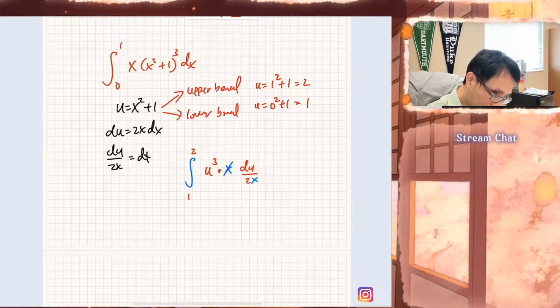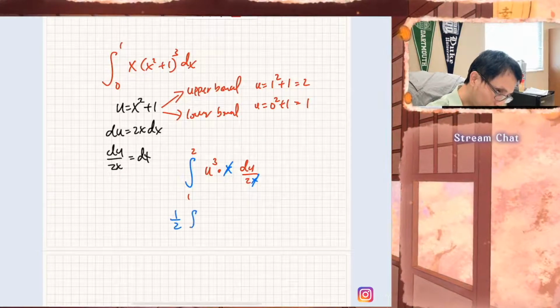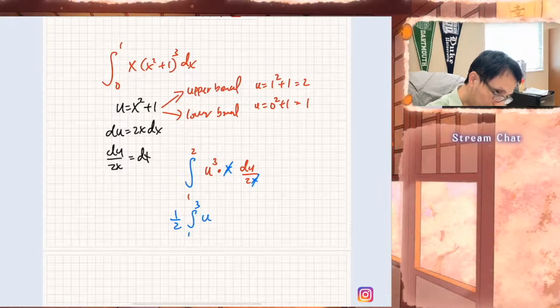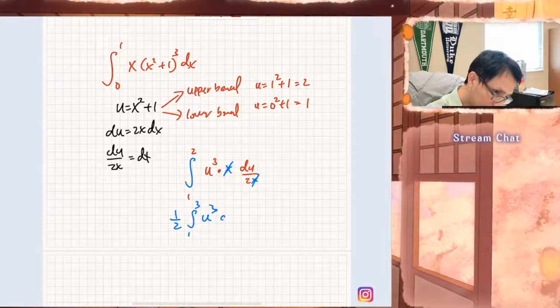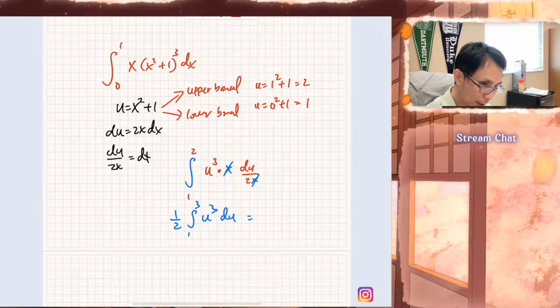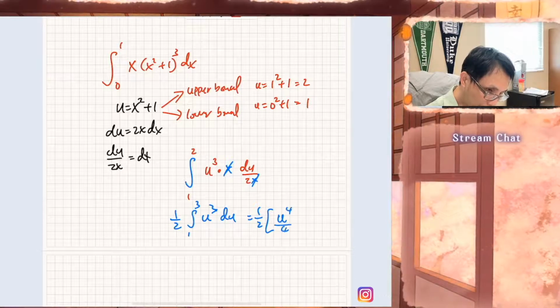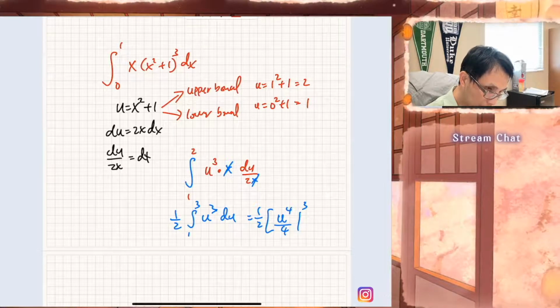So this x is canceled out, right? So can I take out 1/2 in the front? Integration from 1 to 2 of u to the 3rd. And that's equal to 1/2 times u to the 4th over 4, between 2 and 1.